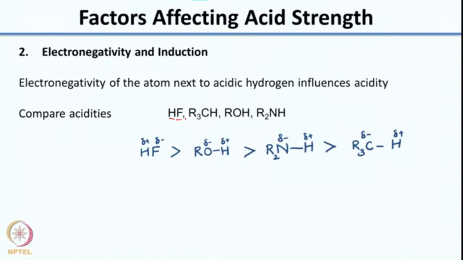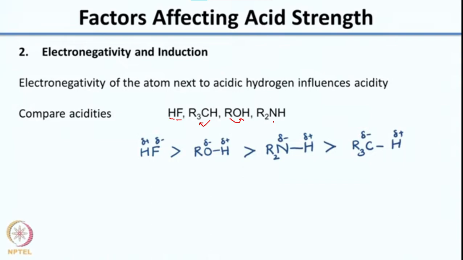Now this H is next to the electron releasing group CH3. R is an alkane, so it's an electron releasing group. In this case, this is an alcohol where oxygen is an electron withdrawing, more electronegative group.